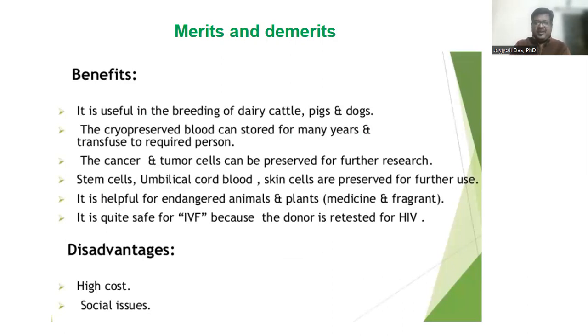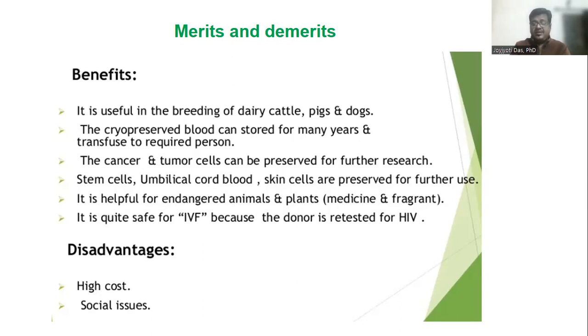The benefits are that cryopreservation is useful in the breeding of dairy cattle, pigs, and dogs, storage of cancer and tumor cells, storage of stem cells, umbilical cord blood cells, even sperm and ovum cells for in vitro fertilization. The disadvantages are that there is some cost involved, because you need to run a cryopreservation unit, that is a liquid nitrogen production unit, so that you can procure liquid nitrogen from time to time.